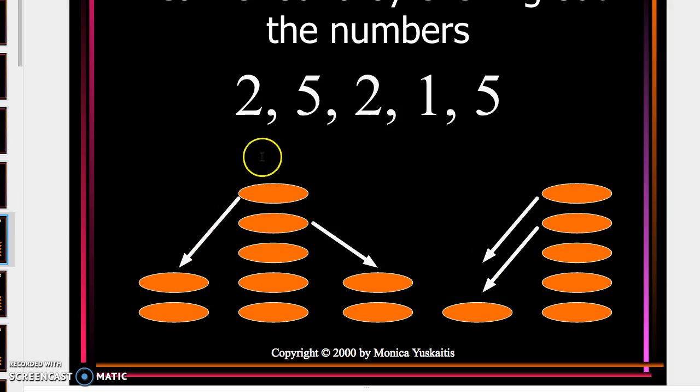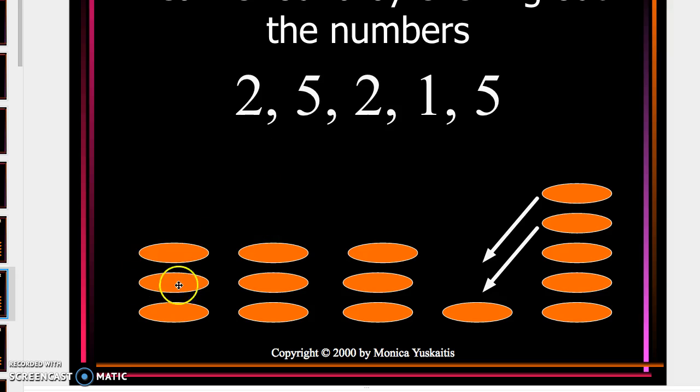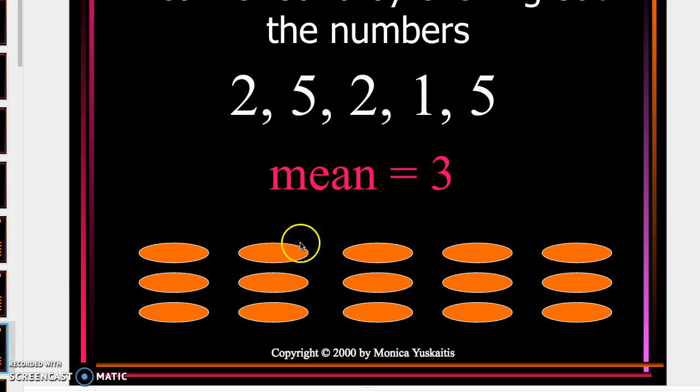So these 5, I'm giving some to the 2, and then I gave the other one to the other 2. So now there's 3 in each pile, and then I have 5 in this pile, so I'm going to give 2 to this 1. And now all of my rows are evenly spaced out. This is essentially what the mean is. So 3 is my mean, and I'll show you how to do that with math.